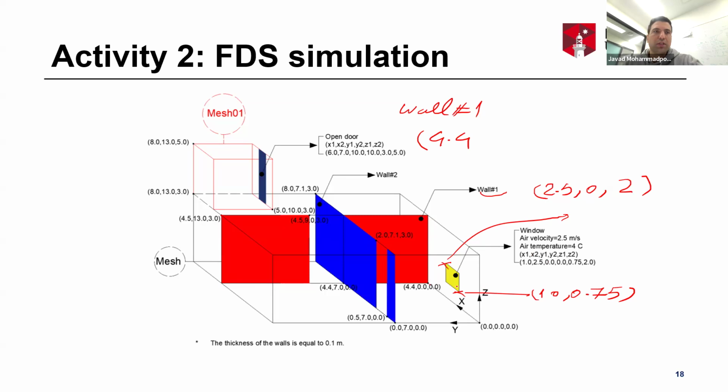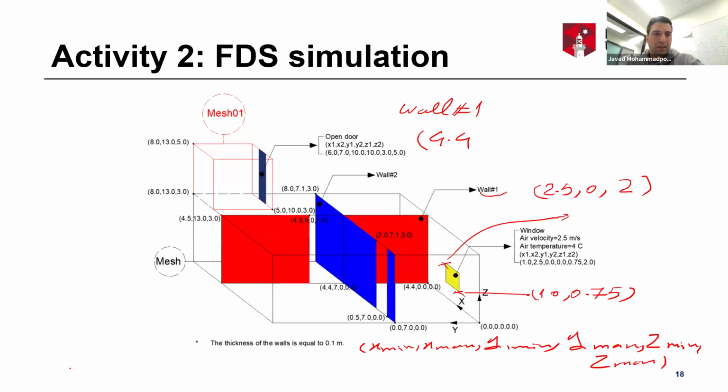So when we are defining this section, this surface or anything, we need to follow this format: minimum x, maximum x, minimum y, maximum y, minimum z, and maximum z.